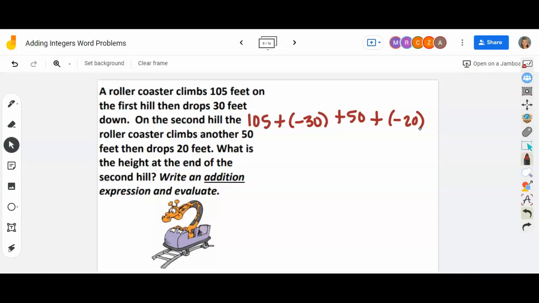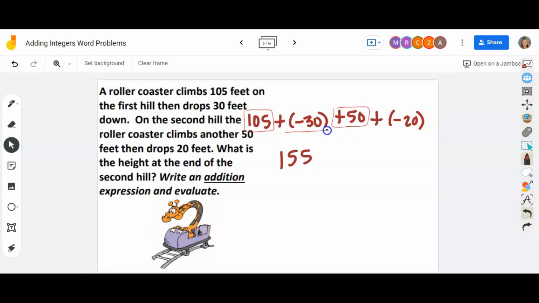So since I'm adding all of these, I can go ahead and group similar signs. So because we have same sign, find the sum, I can go ahead and say, well, 105 plus 50, off the top of my head, I know that's 155.